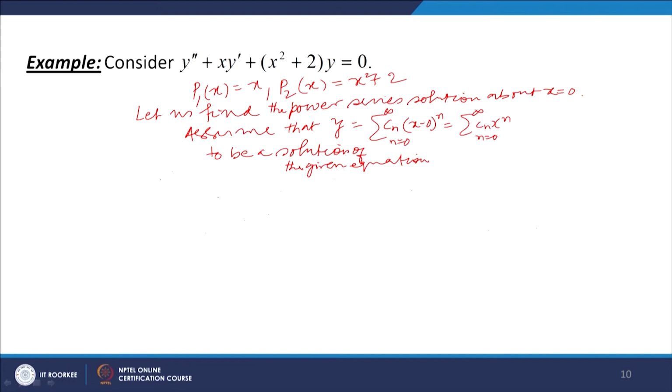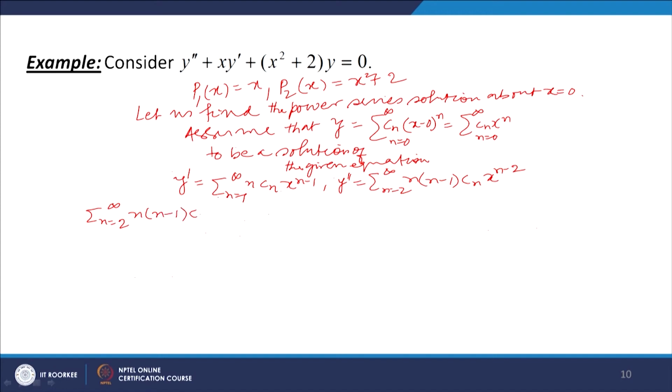So, what we have: y dash is equal to sigma n equal to 1 to infinity n Cn x to the power n minus 1, and y double dash equal to sigma n equal to 2 to infinity n into (n minus 1) Cn x to the power n minus 2. So, let us put it here. What do we get? Sigma n equal to 2 to infinity n into (n minus 1) Cn x to the power n minus 2, from putting the value of y double dash.